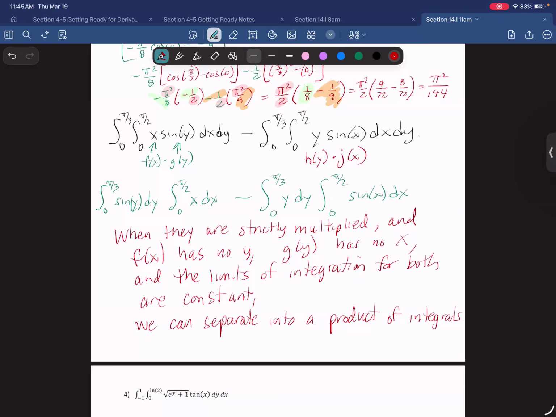Same for both. Just no variables, no variables in the limits of integration. No variables in limits.